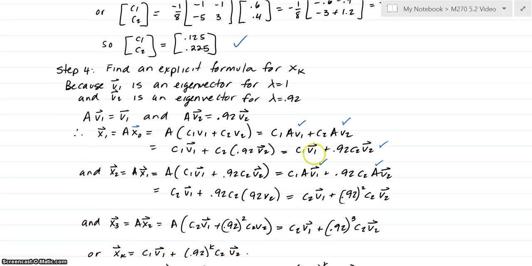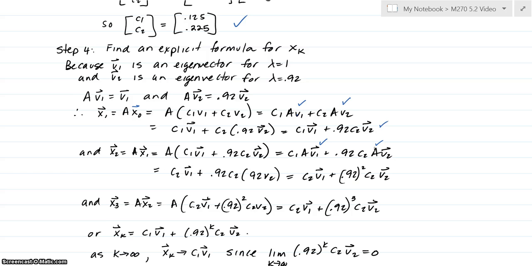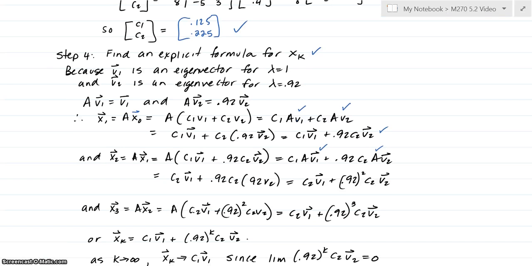Notice how these stay the same no matter what we're doing, and we get a 0.92 to the k. And here it is. We have an explicit formula for x sub k. By the way, we could have used any v1 or any v2. So we just picked 2. But we got a formula.